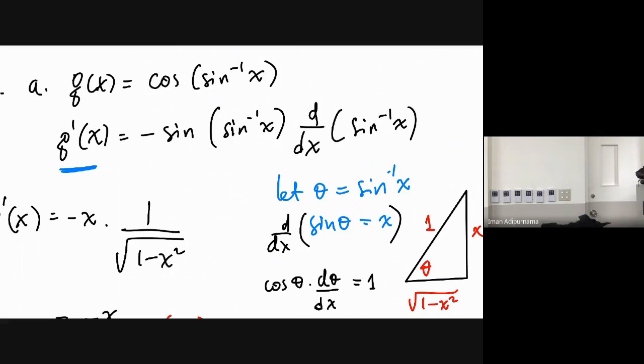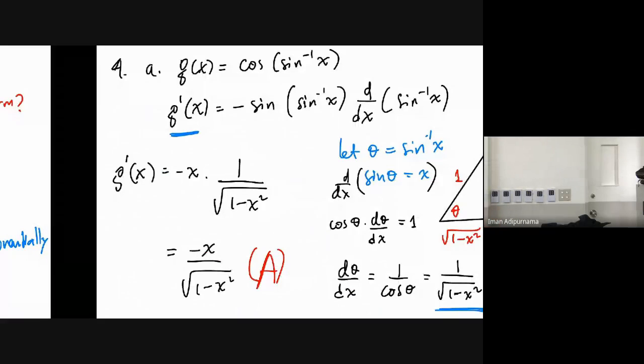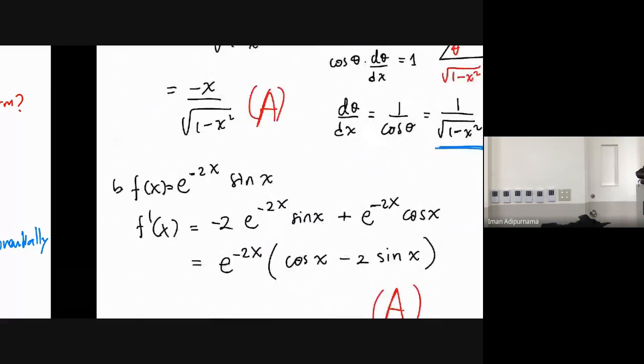Remember that. For every function, if you put the inverse inside the function, it will be just x. Then the answer will be a. It's minus x over square root of 1 minus x squared.